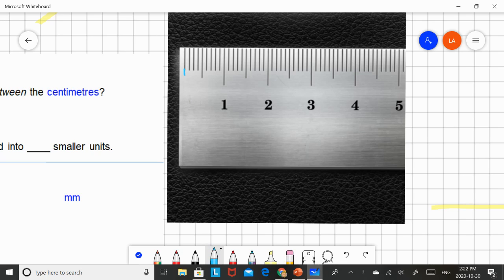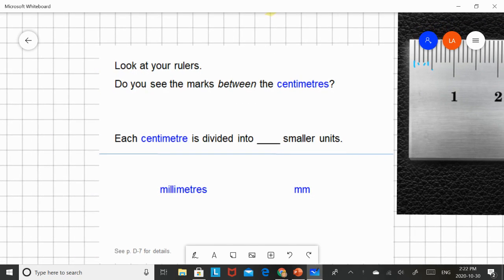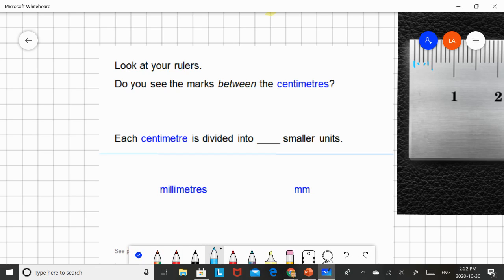These little ticks are measurements in themselves. Those measurements are millimeters. We also use an abbreviation, MM, which means millimeters, but we also use the word millimeters.